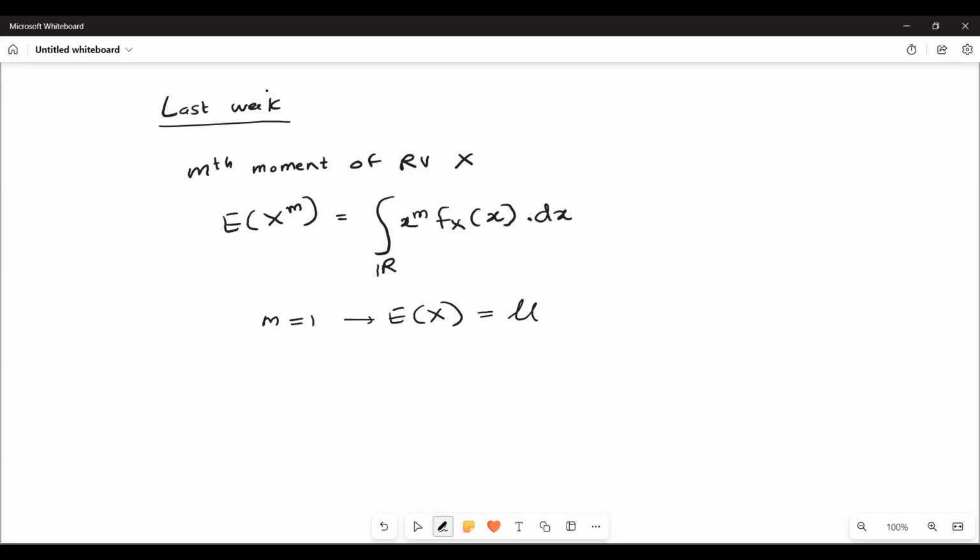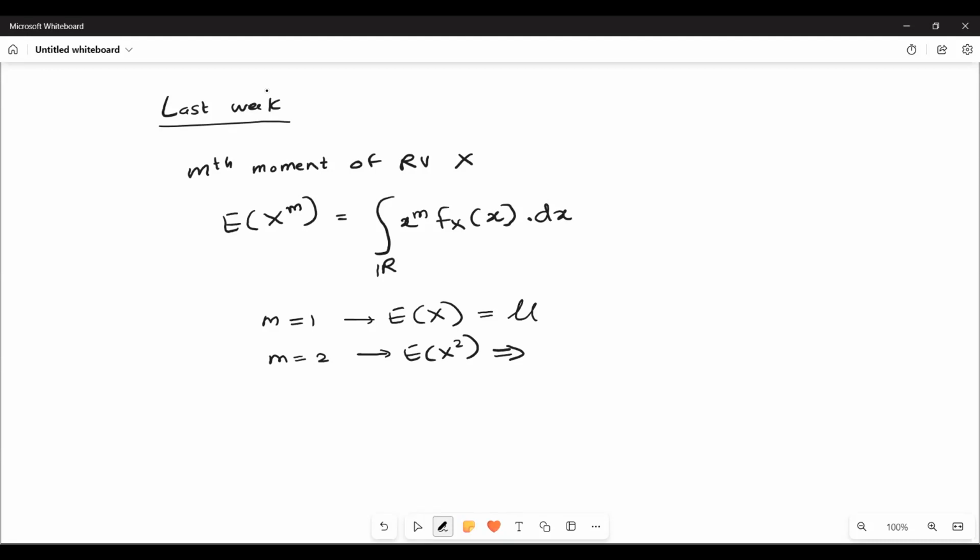We also denote this as mu, and likewise we can do it for other m values as well, right? So E[x squared] is another value.